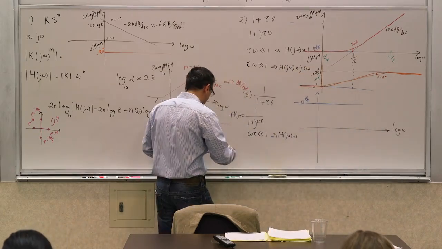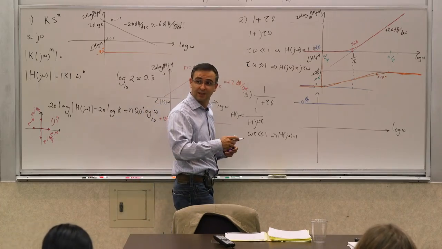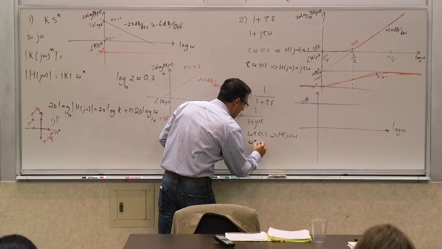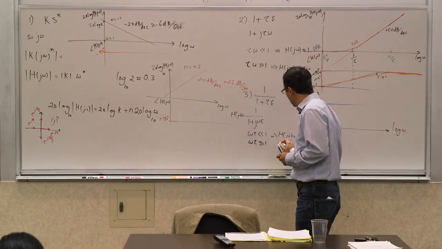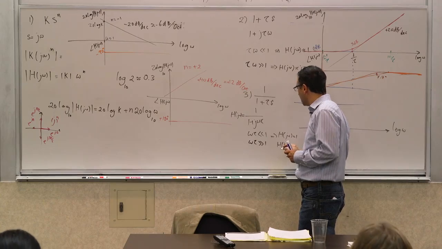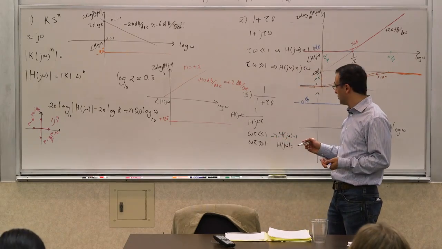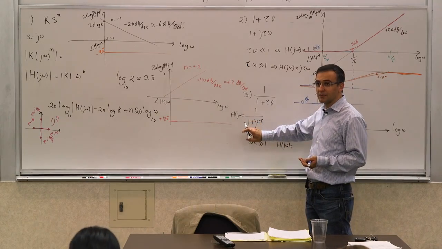Now, how about the other? What is the other end of the spectrum, if you will? Omega tau much greater than 1, right? In which case, what is H of j omega? 0? Not exactly. Then it loses all its frequency dependence, right? We want it to be much greater than 1, but still we want to see its frequency dependence.